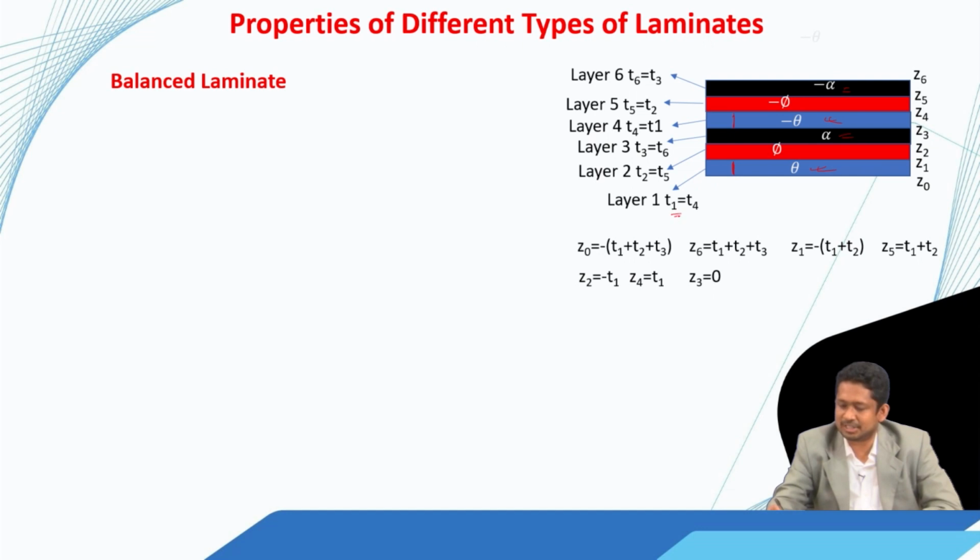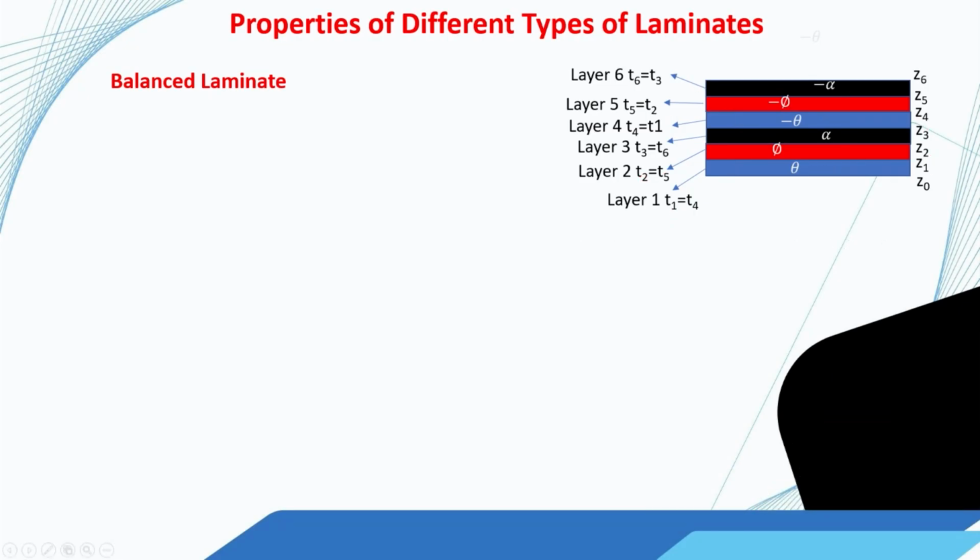So, we have T1 is equal to T4. Similarly, this red ply, whose thickness is T2, is balanced by another red ply with minus phi. So, that is T2 and T5 are the same. Similarly, T3 and T6 are the same, and Z's are defined in this way.